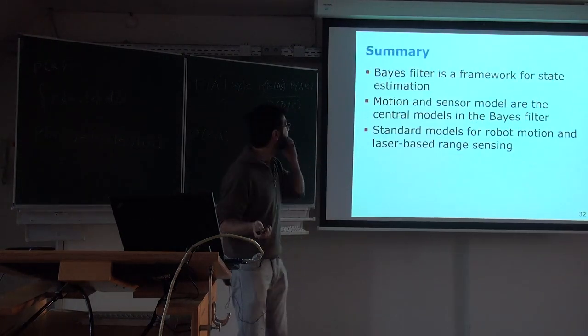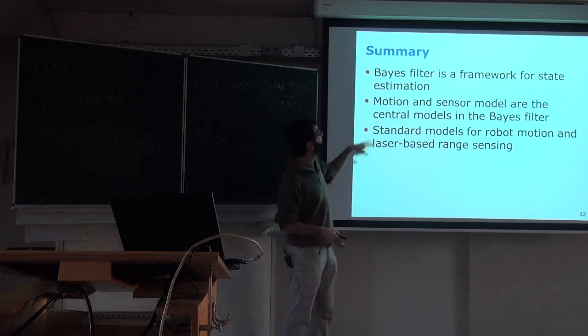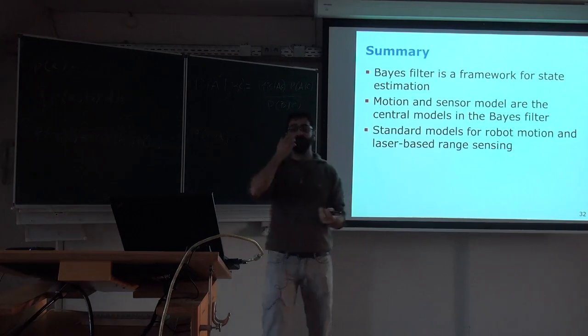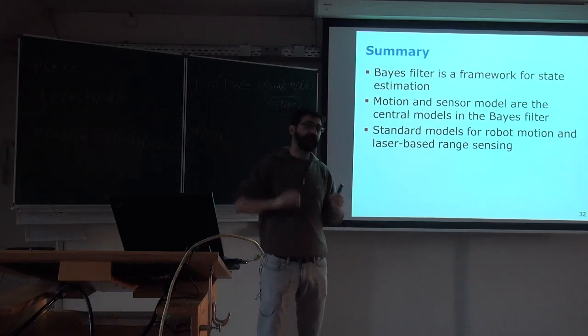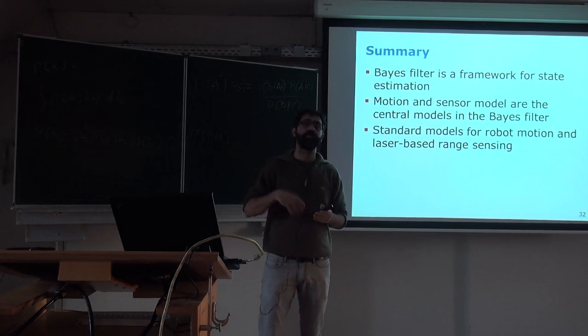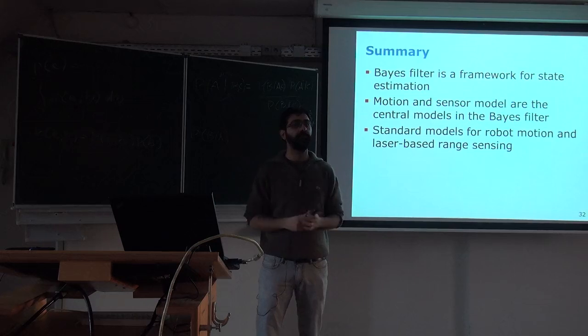In summary, for this part of the lecture, I just gave you an idea of what a Bayes filter is as a framework, and I touched a bit on what a motion model is, how you can express it, what an observation model is, how you can express it, and how you can play with that.